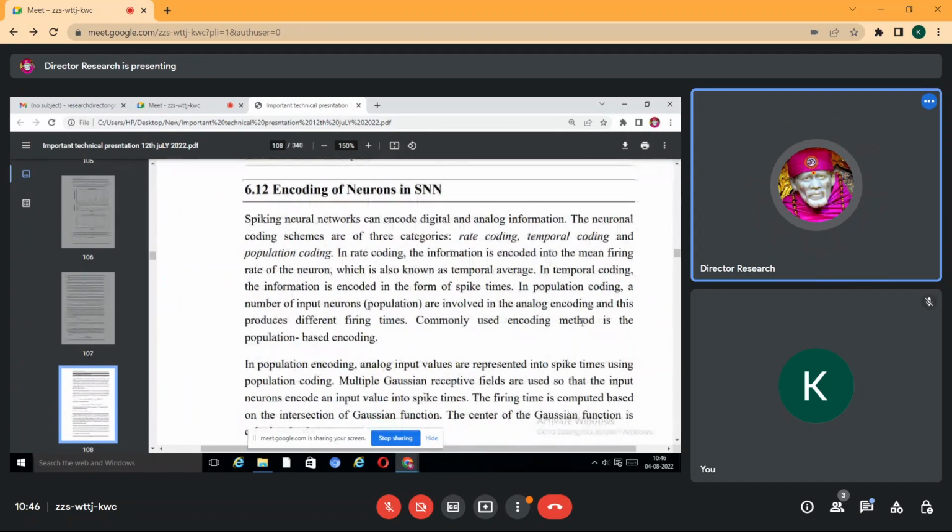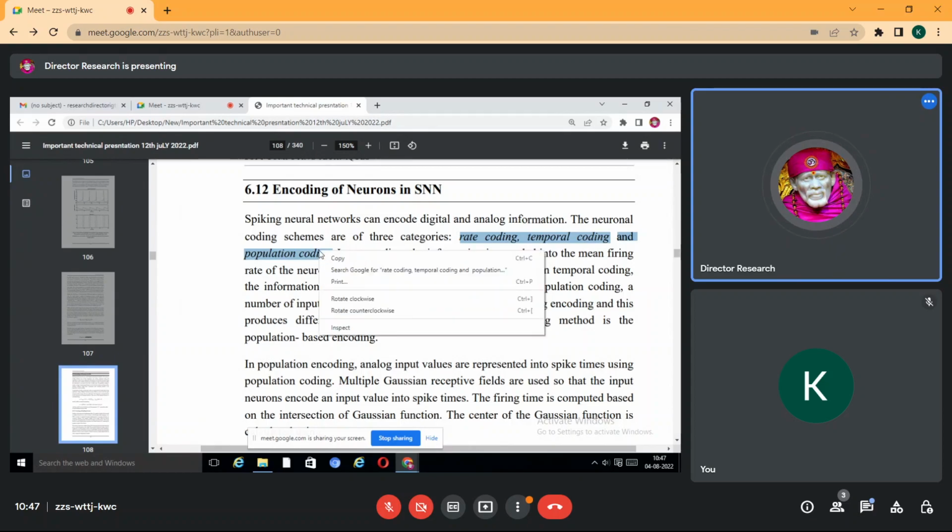Encoding of neurons in SNN. A spiking neural network can encode digital and analog information. Again, the backend concept is required. The neural coding schemes are of three categories: rate coding, temporal coding, and population coding.